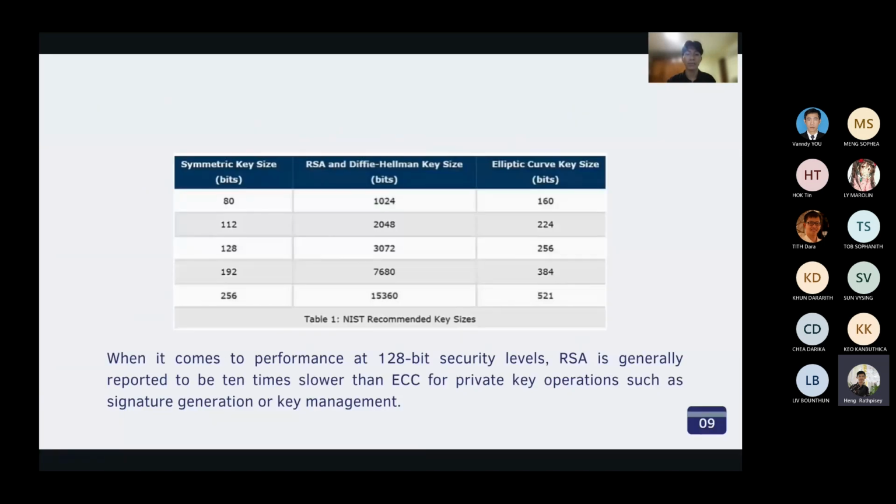As shown in the diagram, ECC provides equal cryptographic strength with a far smaller key size, around an order of magnitude smaller. For example, an RSA 2048-bit key would be required to obtain the same cryptographic strength as a 112-bit symmetric key, while an ECC 224-bit key would suffice.